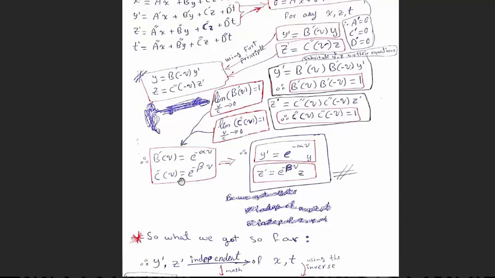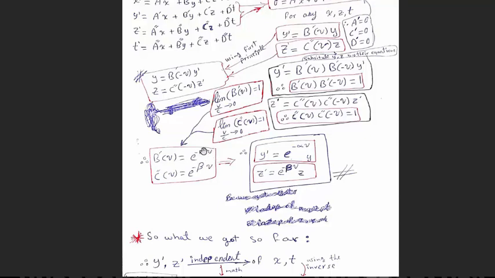It is linear in x, y, and z, but we found that it is exponential in v, which we don't care about. We only care about the coordinates x, y, and z. Alpha and beta are just constants in our experiment, and we will get their values right now.